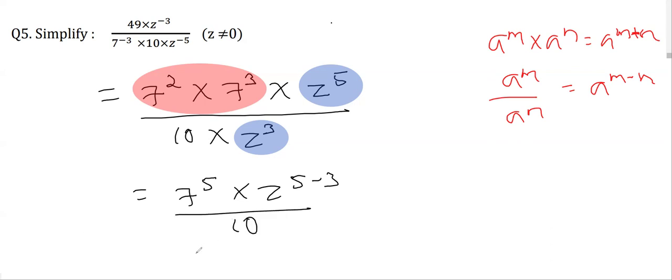That divided by 10. So we do not need to further simplify this. We'll simply write this as 7 raised to the power 5 only. And this is z raised to the power 5 minus 3, which is 2. That divided by 10. So that should be the final answer for this in the simplified form.